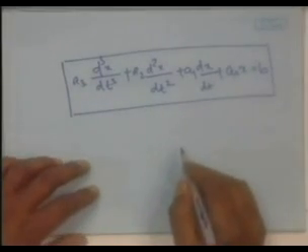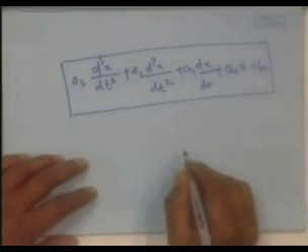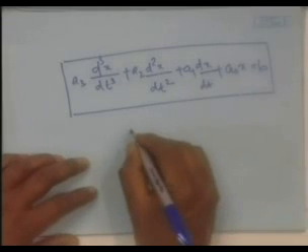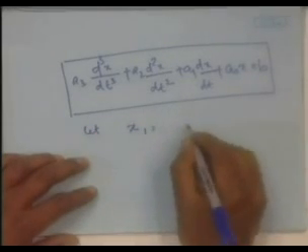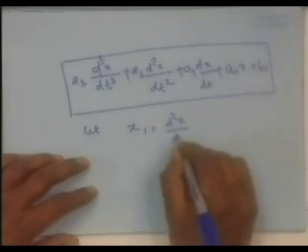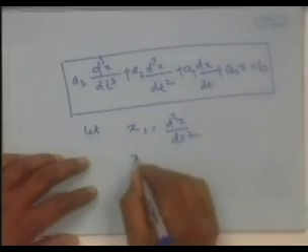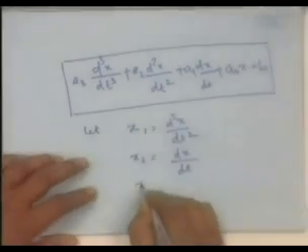This equation can be written in the form of a state space. For example, I shall take x1 to be equal to d square x by dt square. I can take x2 to be equal to dx by dt and x3 to be x.